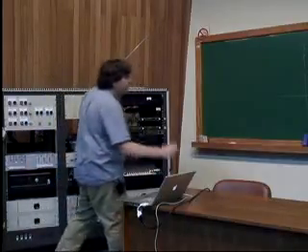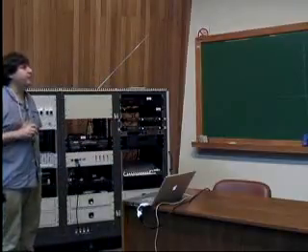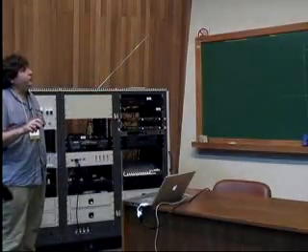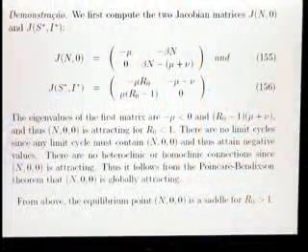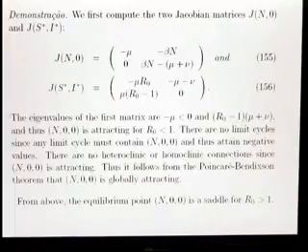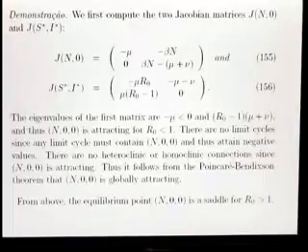Also, before I remind you of Poincare-Bendixson, if R naught is bigger than 1, then you have one eigenvalue negative, you have the other eigenvalue positive. And again, by Hartman-Grobman, you have a linear saddle, and Hartman-Grobman tells you that you have a nonlinear saddle.